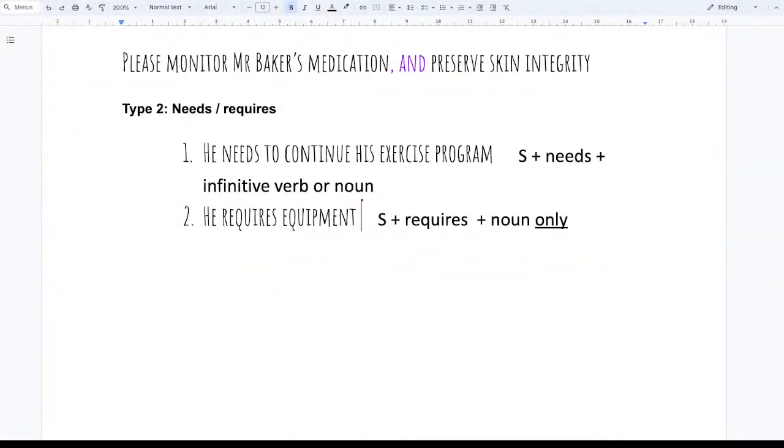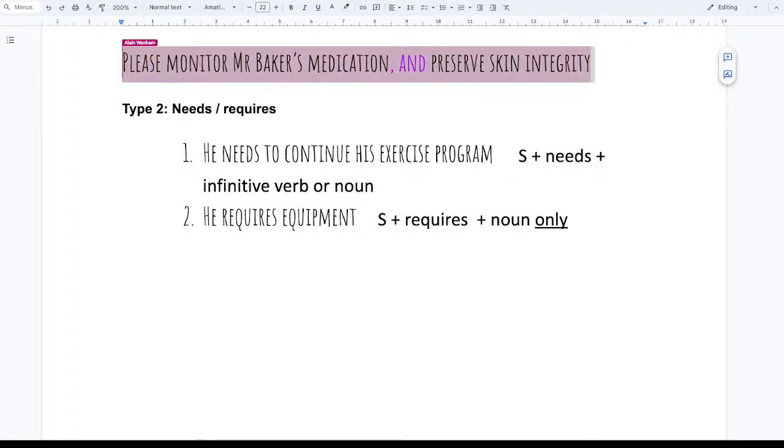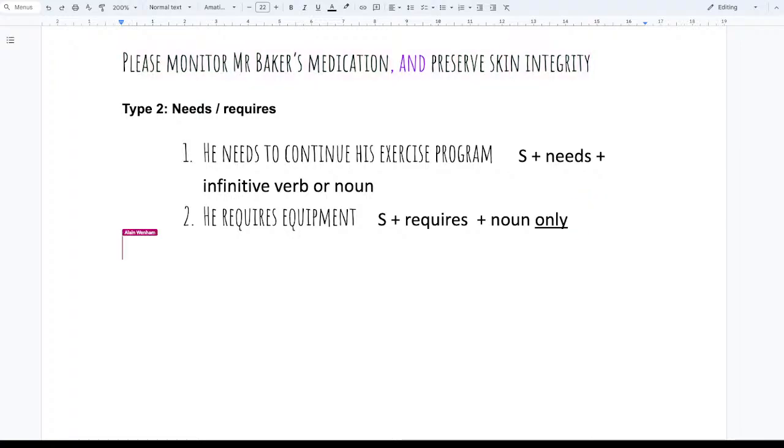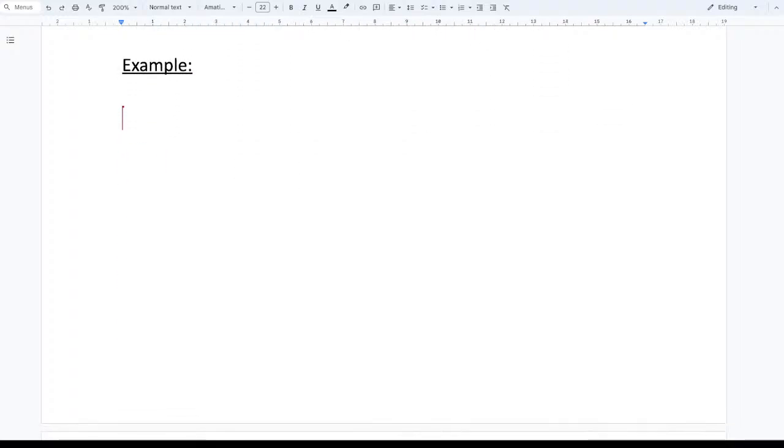Okay? For example, let me give you an example, right? Let's do some copy pasting. I'm going to cheat here and do some copy pasting. This will be an example. I might write like this.